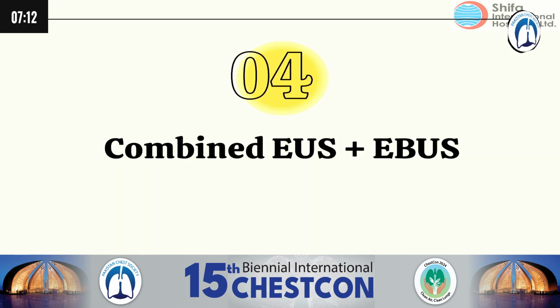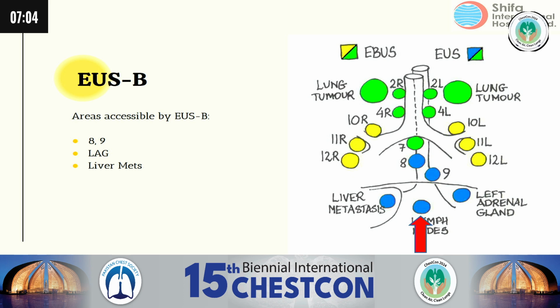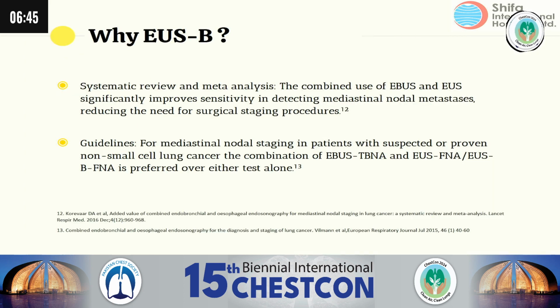And then in the last part of my talk, I will talk about the single scope approach, which is combined EUS and EBUS. EUS-B is a term used for an EBUS bronchoscope in the esophagus, and it gives the advantage that we can access station 8 and 9 along with the left adrenal gland and liver mets, to complete mediastinal staging.